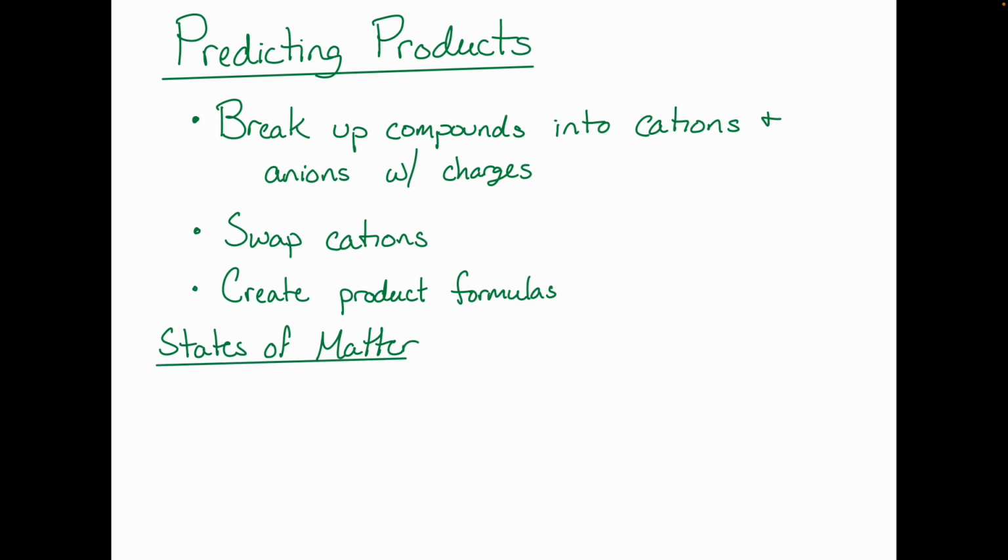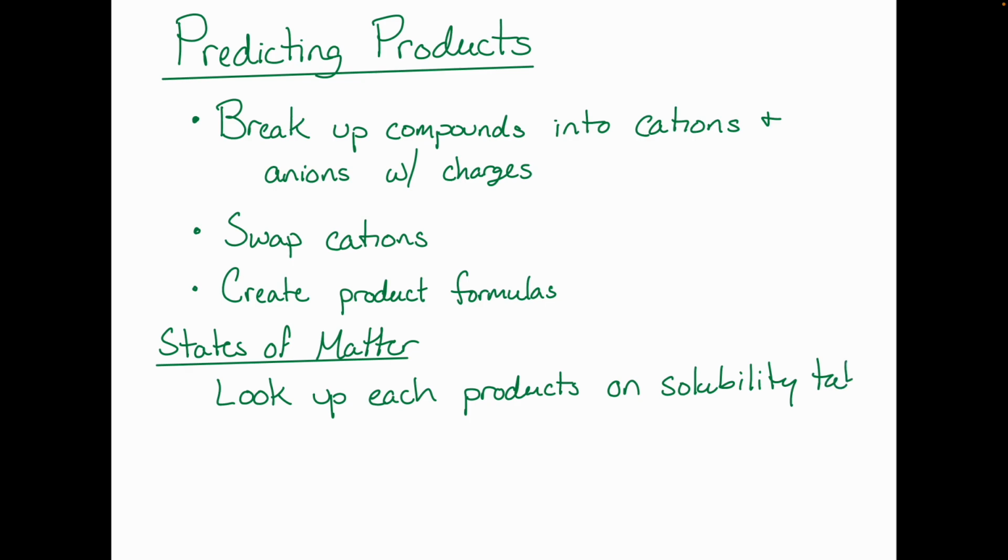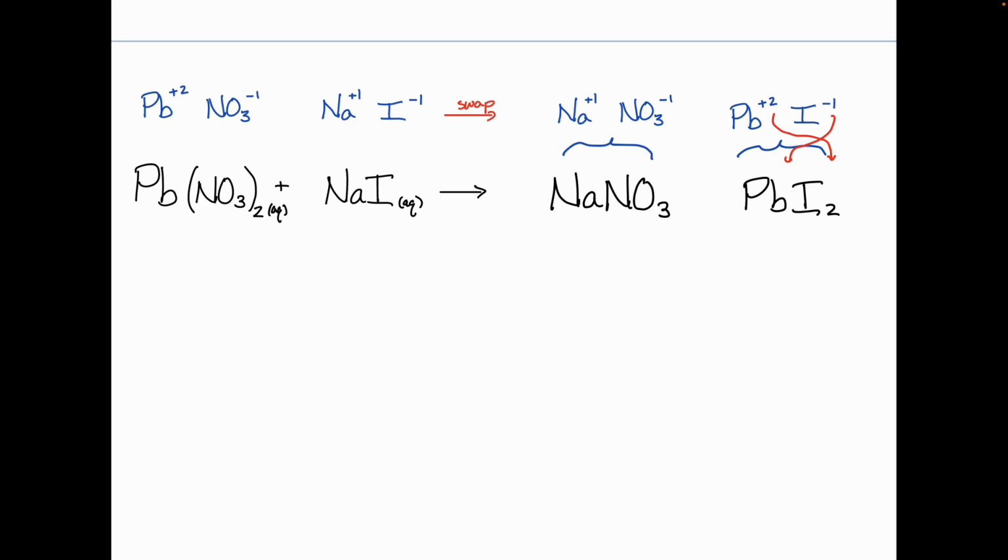And what we need to do is we need to look up each of our products on that solubility table. Last class, we worked on using that table to classify solids as being either soluble or insoluble. We're going to play the exact same game with these two products that we just created.